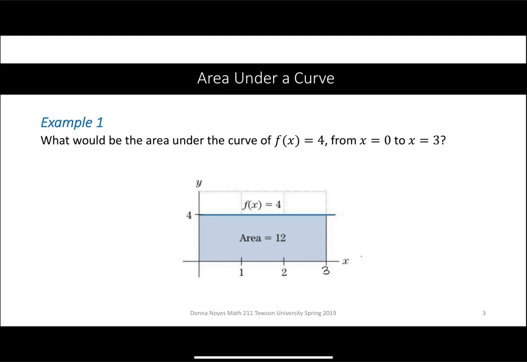So once again, you had w equals 4 here, and L equals 3 here. So our area, which is length times width, was 4 times 3, or 3 times 4, which is 12 square units.